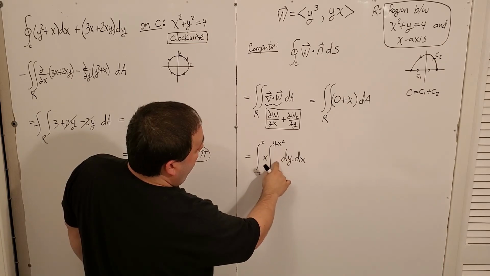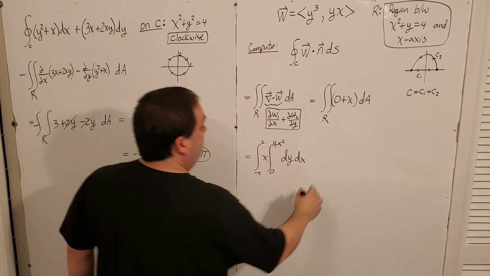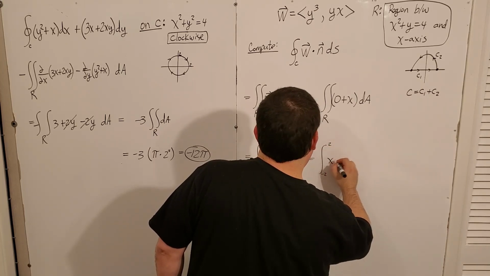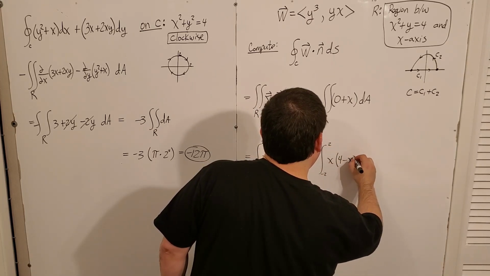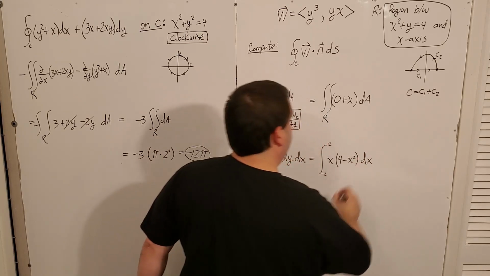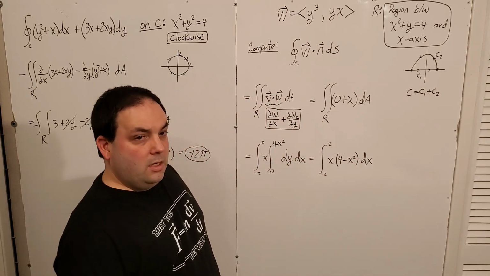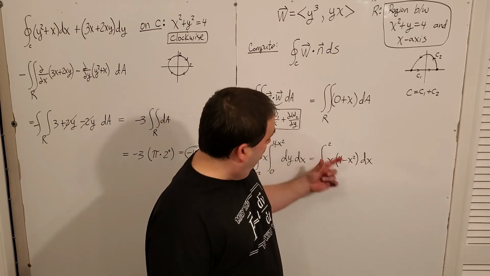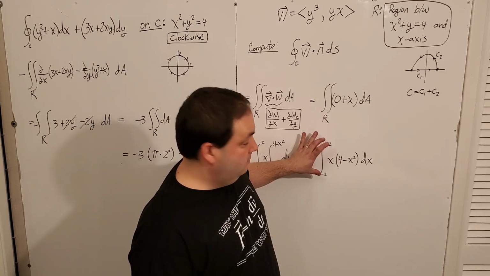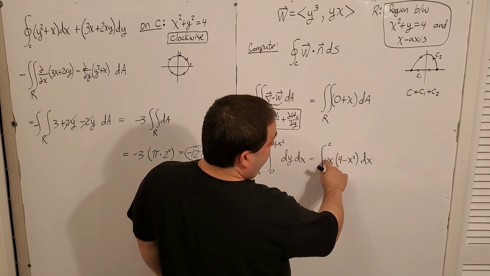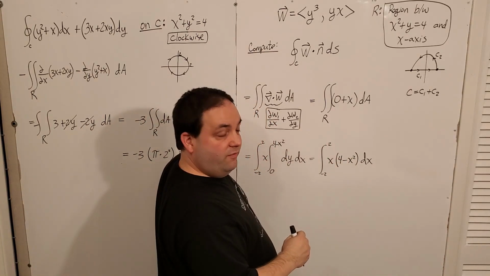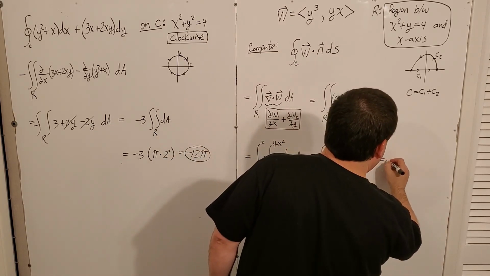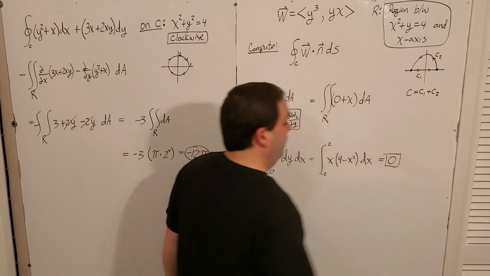I integrate dy is just y, so it's top minus bottom. I get the integral from -2 to 2 of x times 4 minus x squared dx. And I'm going to cut a shortcut here. I'm noticing that this is an odd function over symmetric limits, right? Multiplied in, that's 4x minus x cubed, that's an odd function. Symmetric limits of any odd function is going to be 0, right?